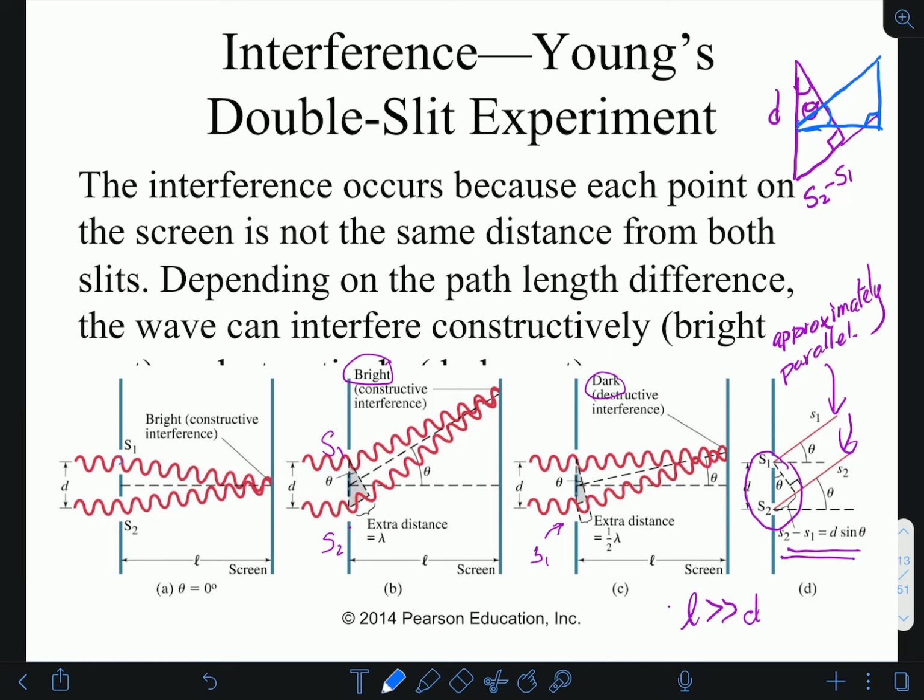If you look over here at this corner, you have this angle theta and then this complementary angle to theta. This angle adds to theta to make 90, but also these two angles add to 90. So I can see that this angle here is theta, and this triangle is just a smaller version of an exaggerated one.